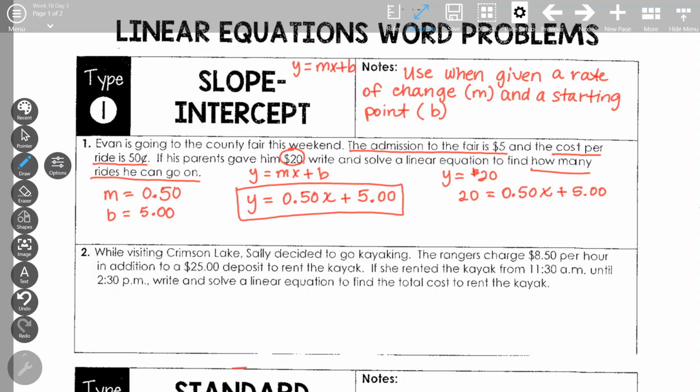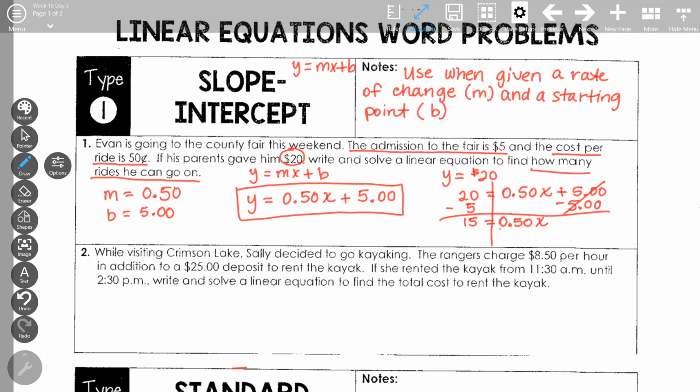Okay, so what we know is we've got to solve for x. In this case, let's draw our line here. Now, we're solving for x, so we've got to get x on a side by itself. We've got to get rid of this b, this y-intercept. The opposite of plus 5 is minus 5, so we take away $5. 20 minus 5 is 15 equals 0.50x.